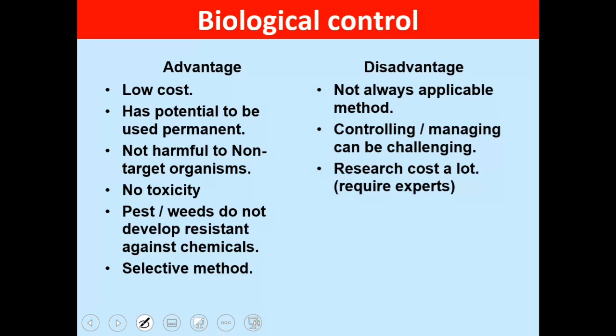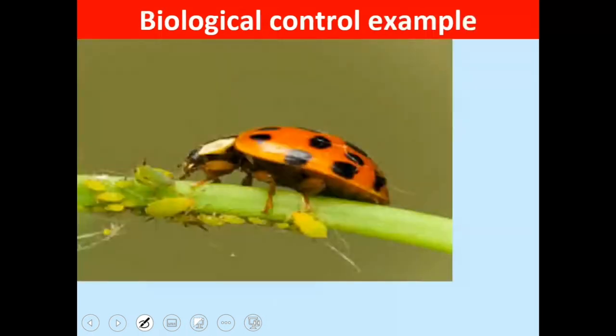And research costs a lot. It depends on what type of predator is required. You need to introduce exotic species, which is not recommended, but some people have done it. It's expensive to constantly manage the ecosystem of that environment.